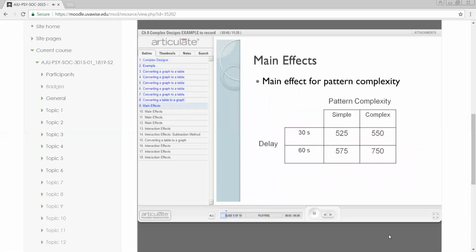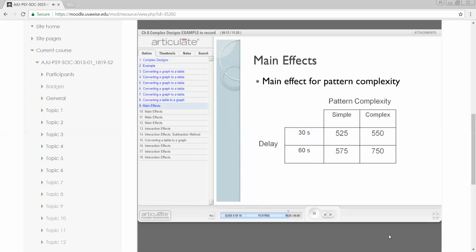Okay, so now that we've got our data in a table, the first thing we're going to do is look at main effects for each independent variable. And we'll start with pattern complexity. So the first thing I need to think about is if I'm testing the main effect for pattern complexity, what groups am I interested in? What I really want to know is the difference between simple and complex patterns, regardless of delay.